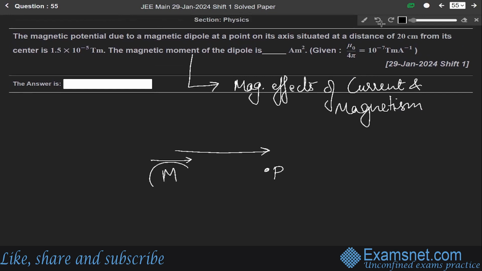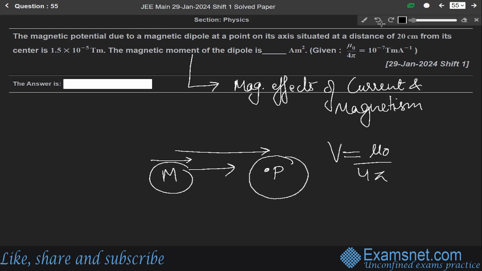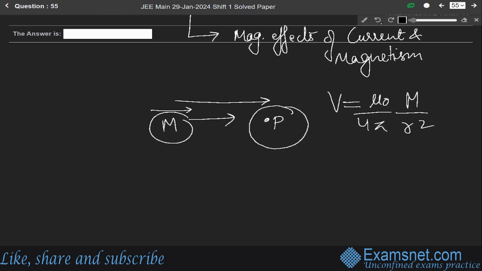We have to find the magnetic moment of the dipole, and there is a formula for this. The magnetic potential V is equal to mu naught over 4 pi, m over r square. So m will be equal to V into 4 pi into r square over mu naught.